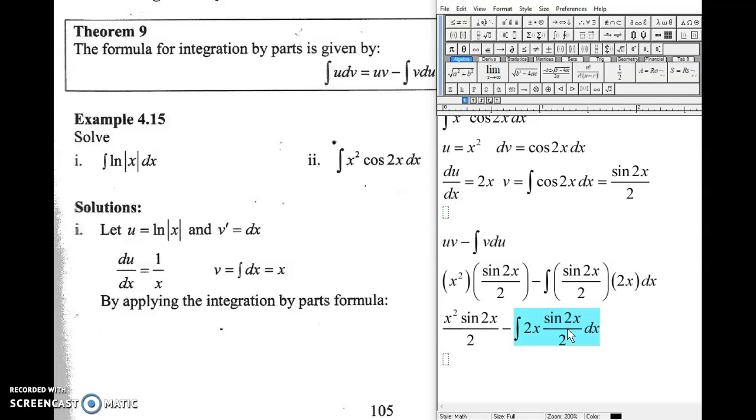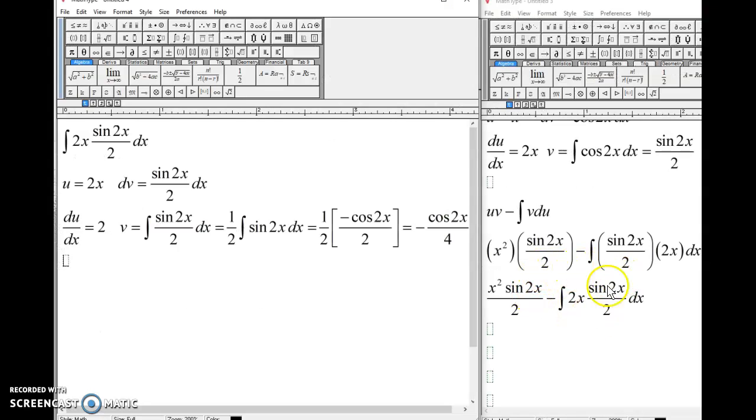Now, basically you need to take another paper and put aside this answer and do this one first. So I put this in a new sheet and conduct a new integration by parts just for that one. So we have 2x as u, sin 2x over 2 as dv dx, and then we find du dx and v.